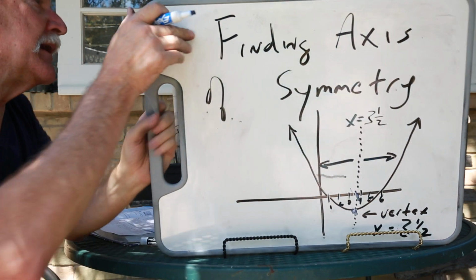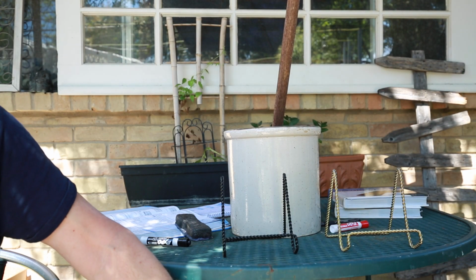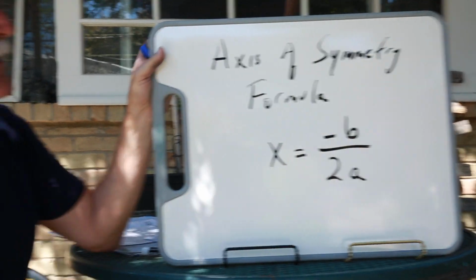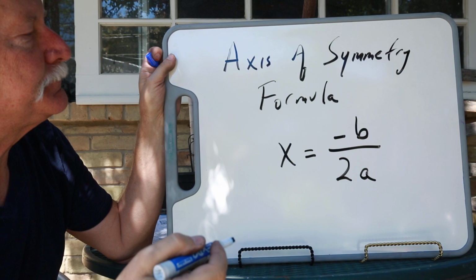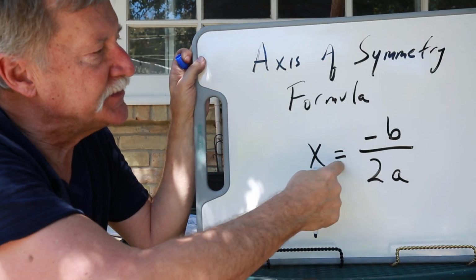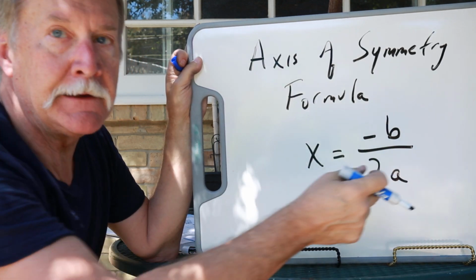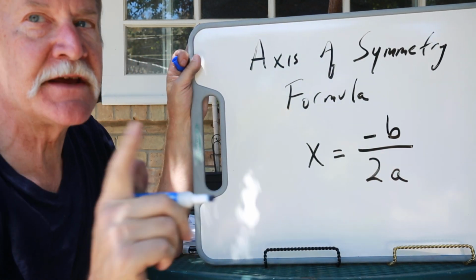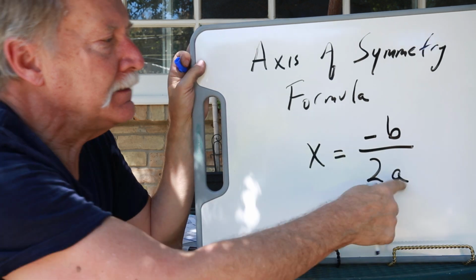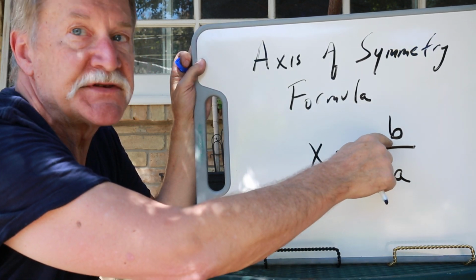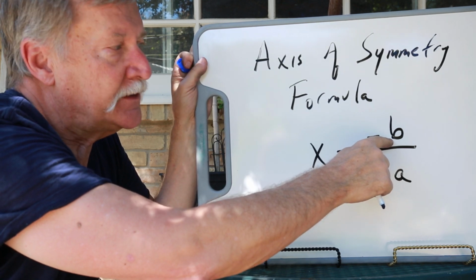And that is the idea of using the axis of symmetry formula, which is simply x is equal to the opposite of whatever b is, divided by 2a. Now remember that in standard form, a was the number in front of the squared term, b was the number in front of the linear term.